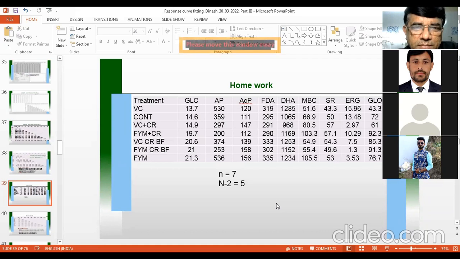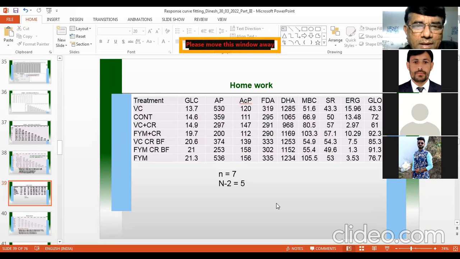Do we only write the correlation value, or do we have to put a star on it? Yes, on the value we need to write a star, and on the bottom side you can mention the level of significance: for 1 star it is 5%, for 2 stars it is 1%. You can give it as a footnote.